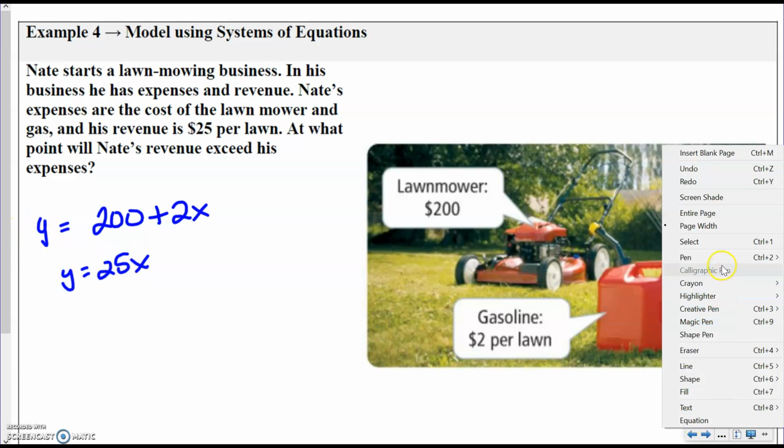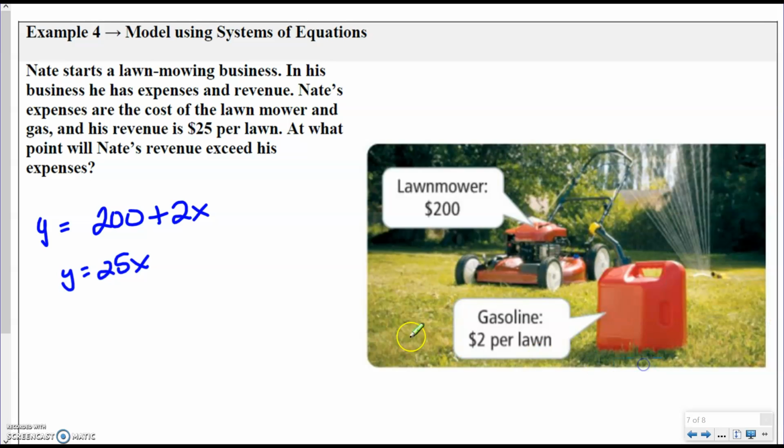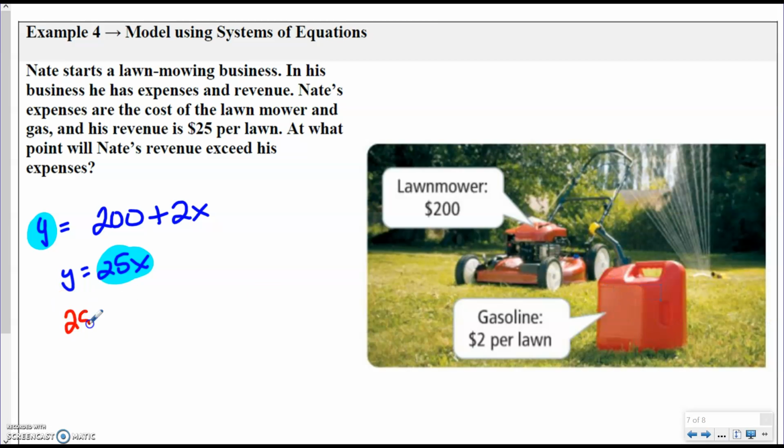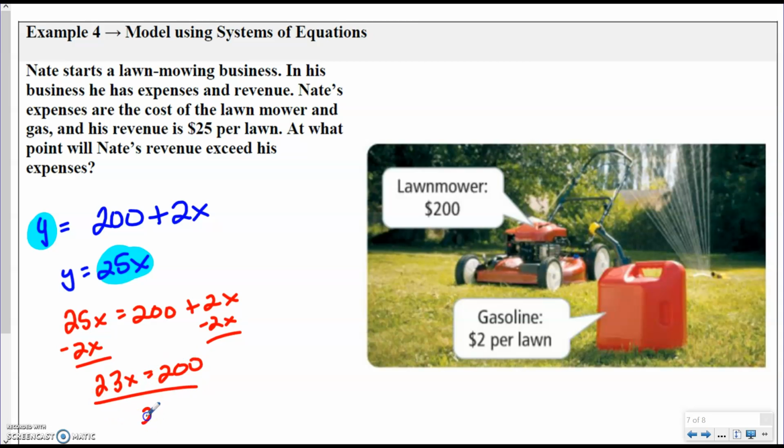In this case, you can graph or use substitution, and this is where people get stuck with their substitution. I'm just going to take that and put it right here. So I'm going to do 25x equals 200 plus 2x. We're going to subtract 2x from both sides to get 23x equals 200, and then divide by 23. So 200 divided by 23 is about 8.7.